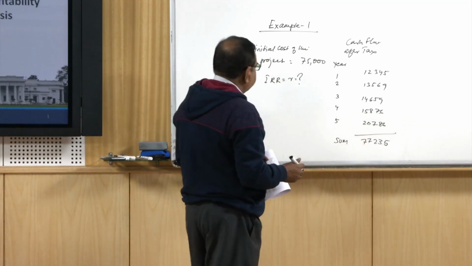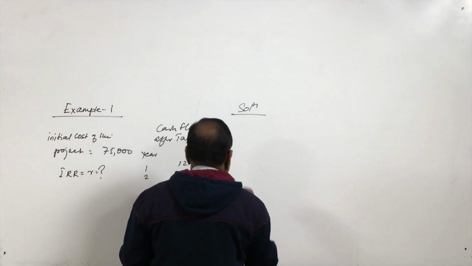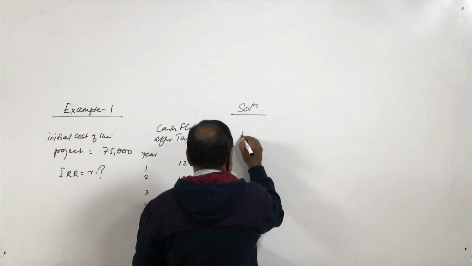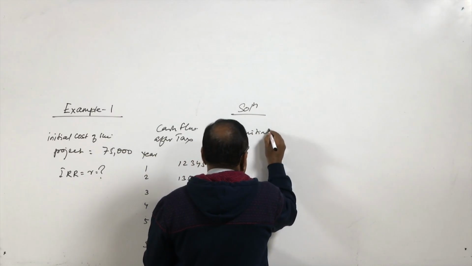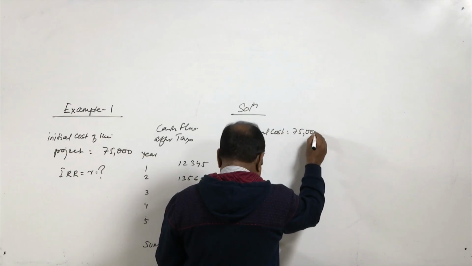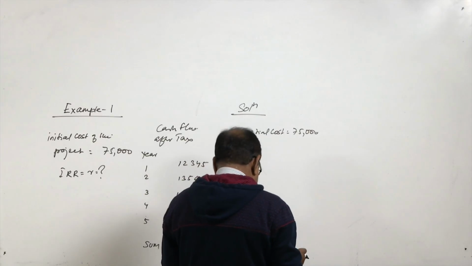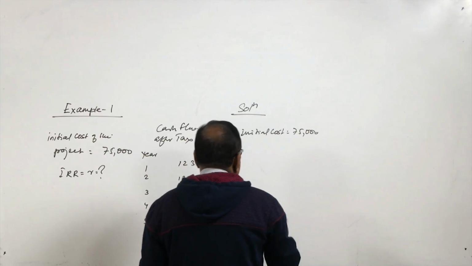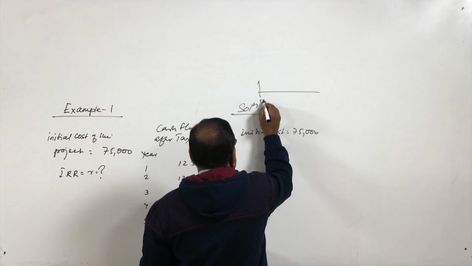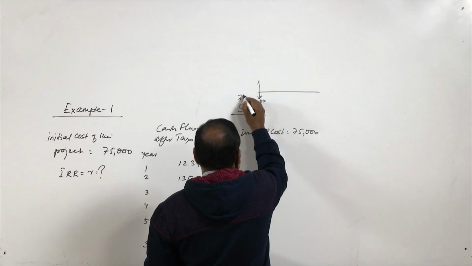Now, solution. So the initial cost of the machine was 75,000. So as this cash flow in the timeline at t equal to 0, this cash flow takes place, 75,000.